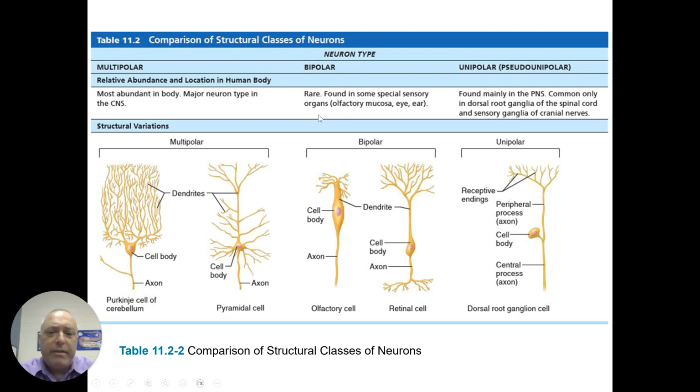They're found in some special sensory organs like the olfactory mucosa, the ear, the eye. And then unipolar are mainly found in the peripheral nervous system. So the most common class of neuron is the multipolar.